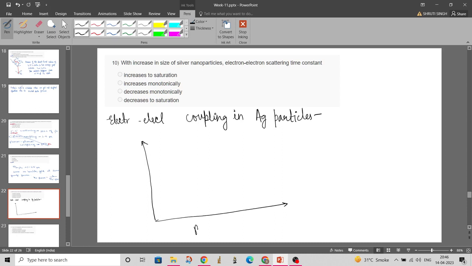This is the radius of the nanoparticle increasing in this direction, and this is the coupling.